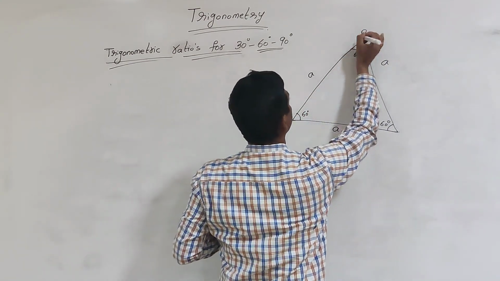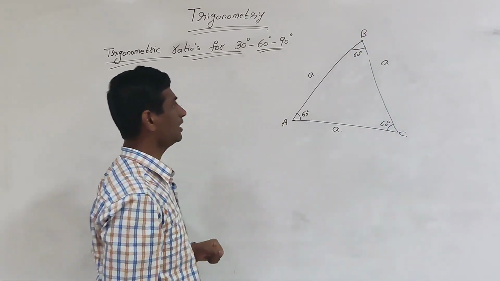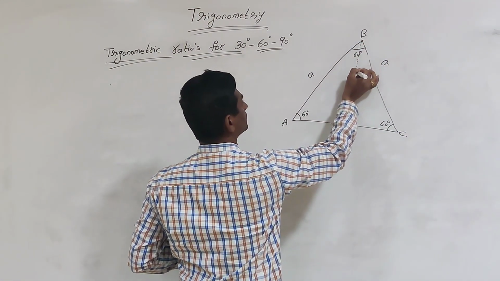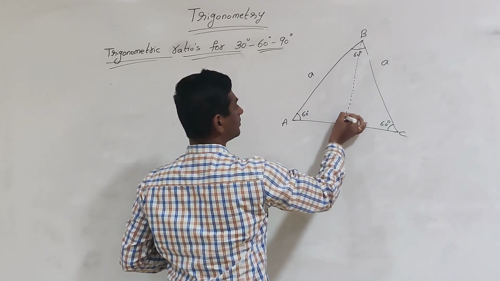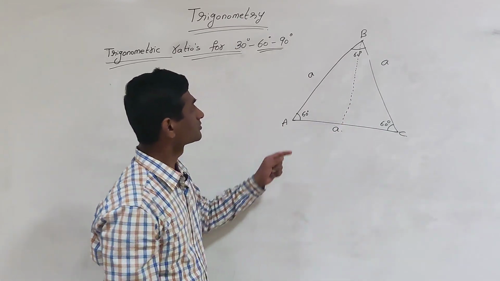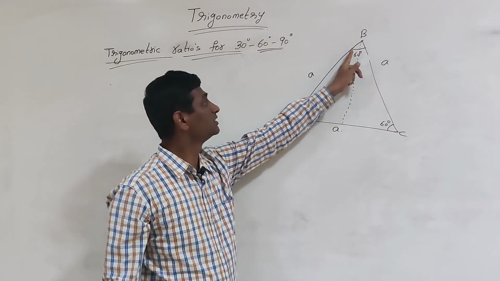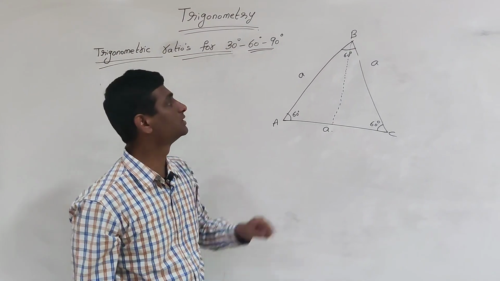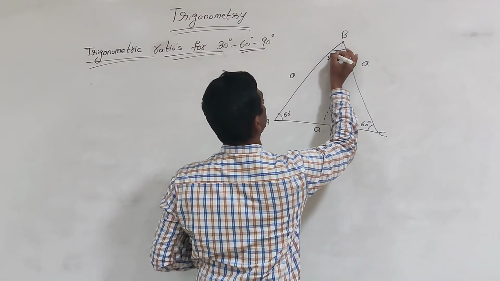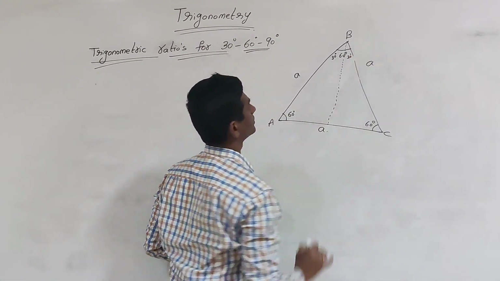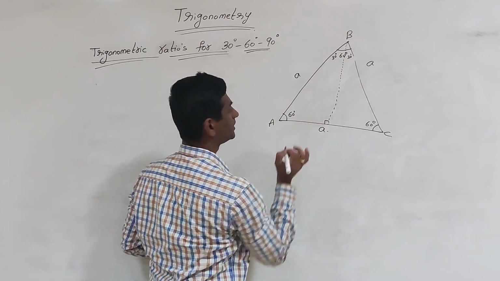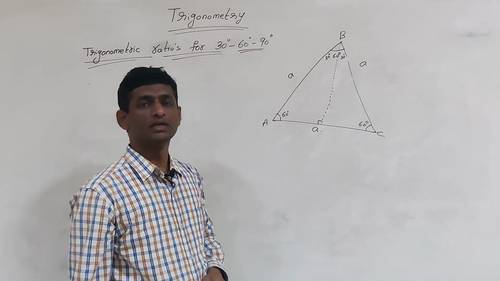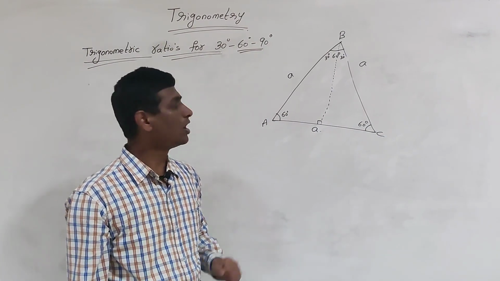A, B, C. Next, if you bisect the angle perpendicularly, bisect means this 60 degrees will be bisected into two equal parts, that is 30 degrees, and this part is also 30 degrees, and this will be 90 degrees, and the length will also be divided exactly into two halves.